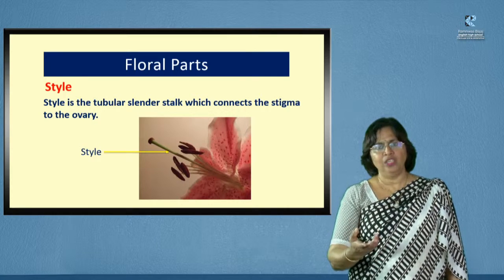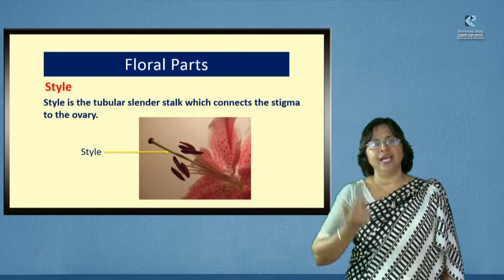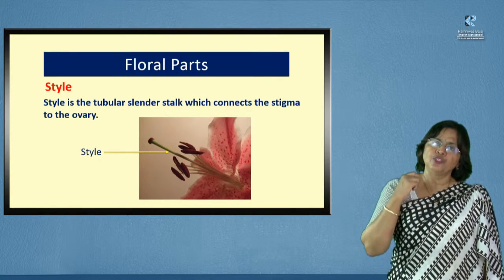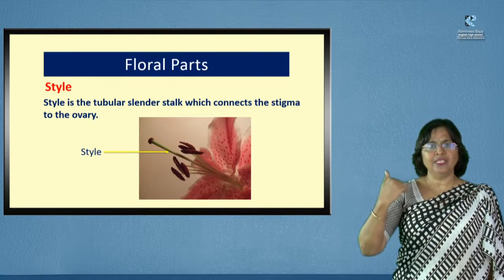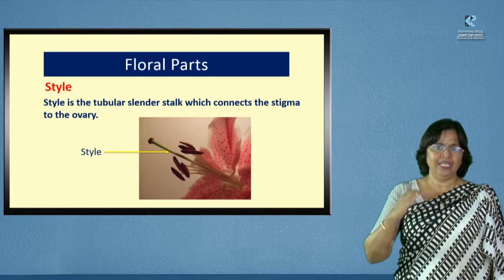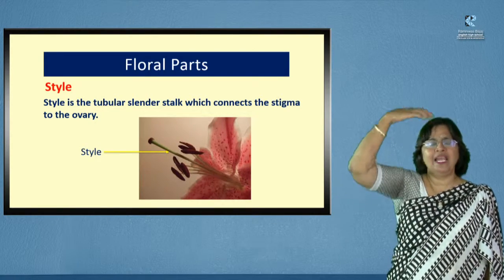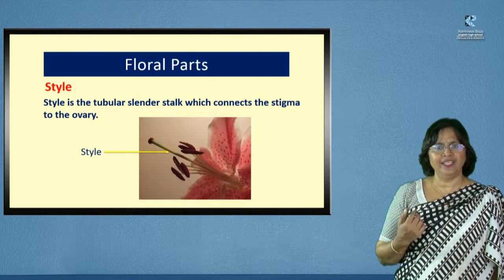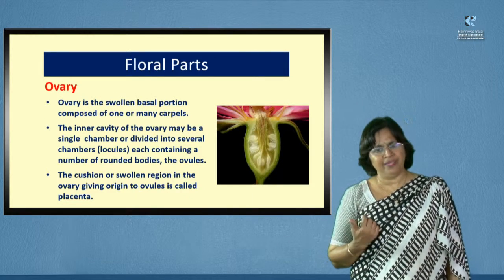Here it is long, may not be very long, but it may stand out away from the anther. The whole idea of such a style is to prevent self-pollination. You can see the anthers are below and the stigma is above. So pollen grain cannot rise up and get stuck to the stigma. Many flowers are modified in this manner. As we study more about pollination, we will understand that better.